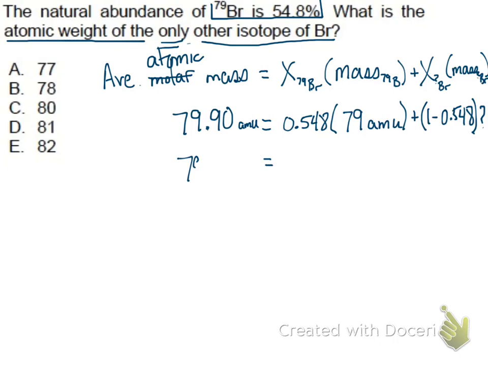So we're going to have 79.90 AMU. Then when we multiply the first term here, we're going to end up with 43.29 AMU plus 0.452 times our mass that we don't know.